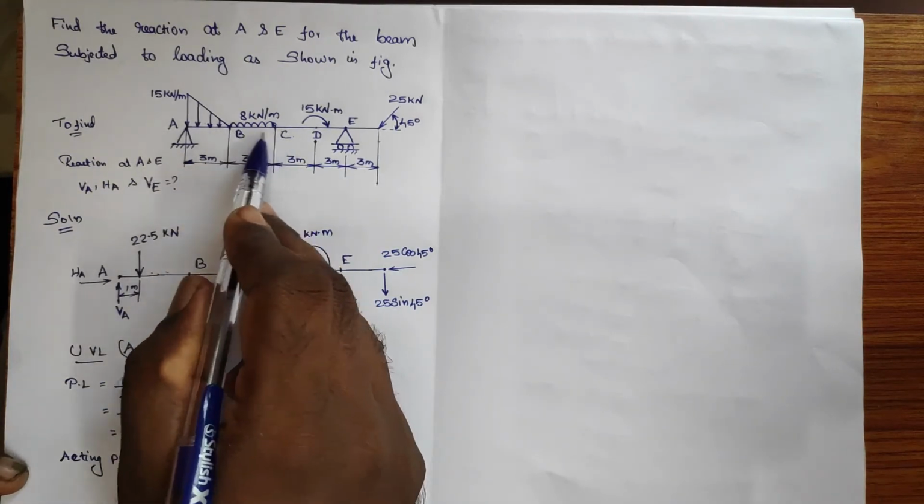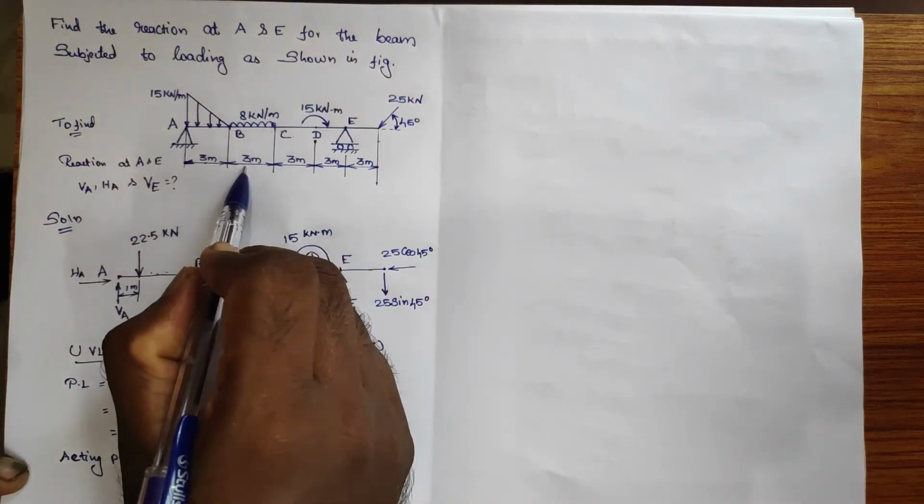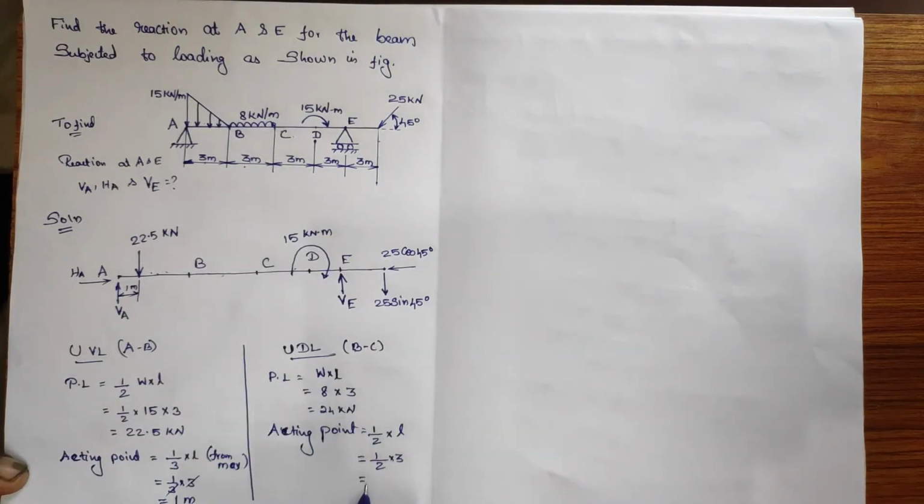It's the mid of BC, so the formula is 1 by 2 of its length. BC length is 3, so we will get 1.5 meter.